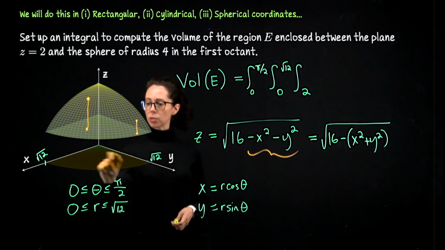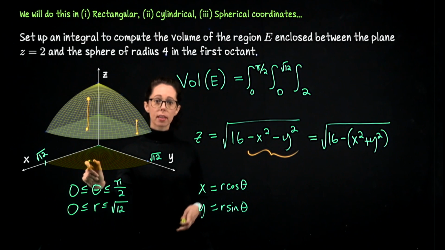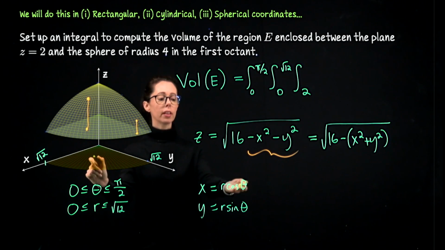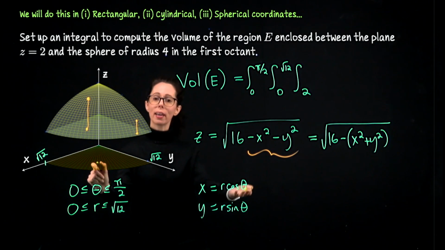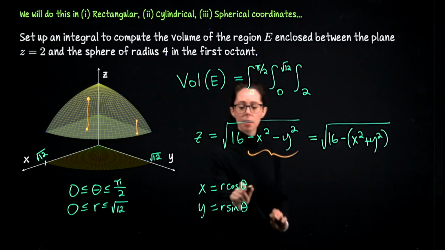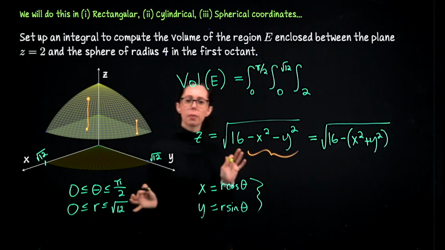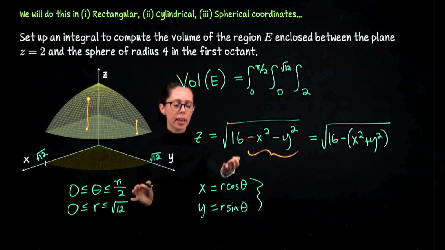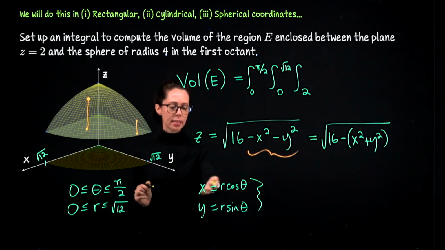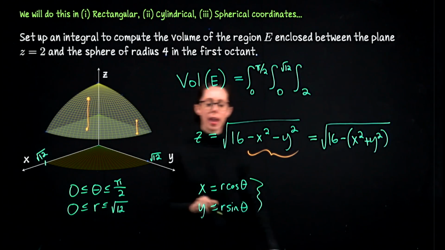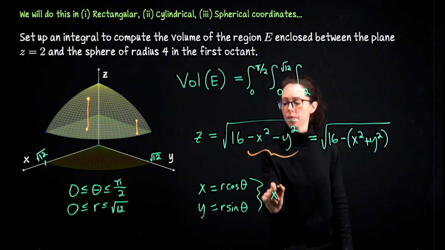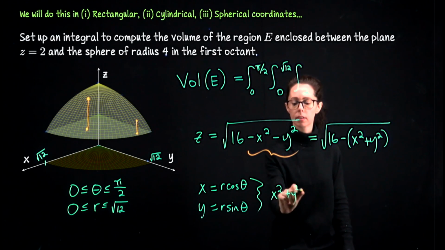So any xy coordinate in this quarter disk could be computed in terms of the radial and angular coordinates this way. And this is just something that you must know when you're passing between rectangular coordinates and polar coordinates, is that with this standard definition, x squared plus y squared is r squared. That comes from the Pythagorean identity.